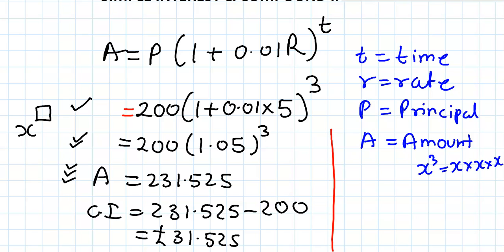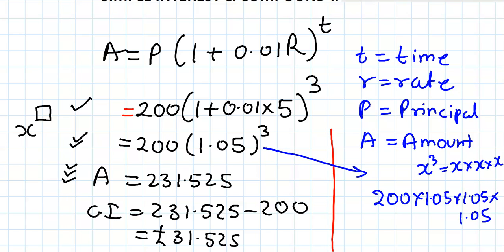So 1.05 to the power 3 means 200 times 1.05 times 1.05 times 1.05. You can do it this way. Easy peasy. Just multiply 3 times. You just need to type 200, then times 1.05, times 1.05, times 1.05. I know it is a hard lesson, but we need to know this.